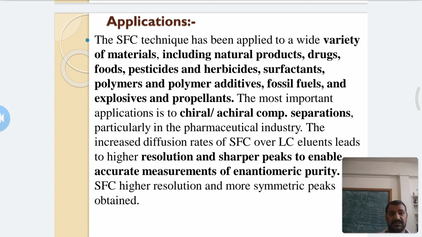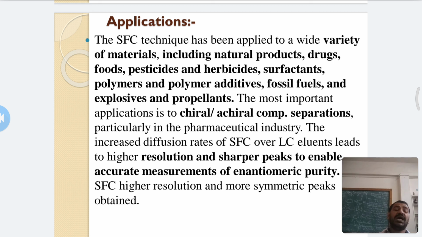So this wide application is used for separation.